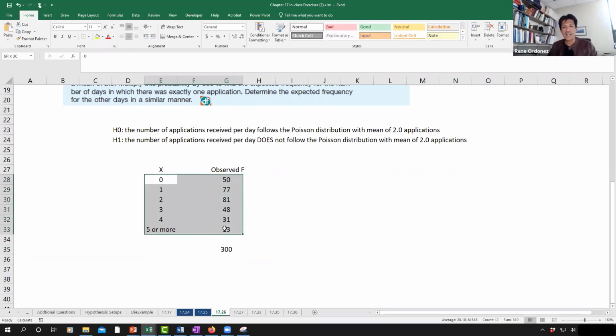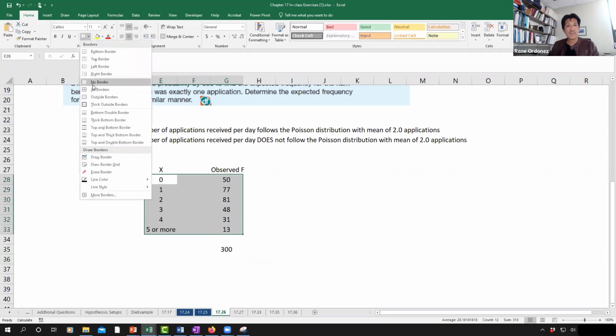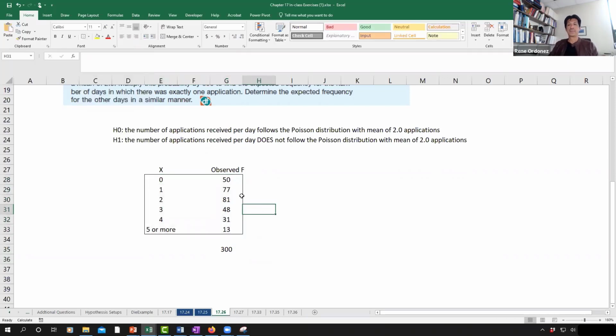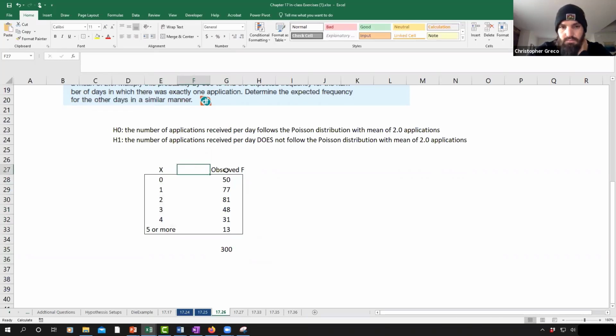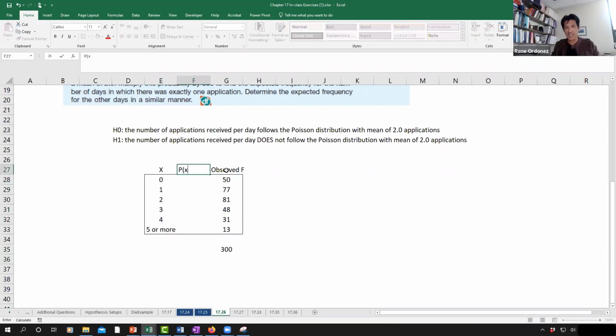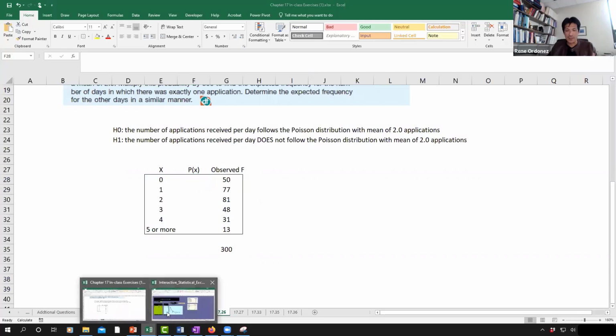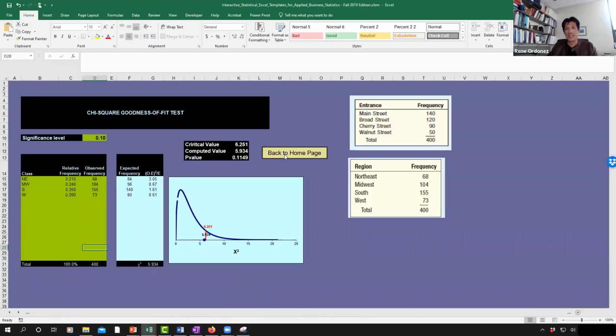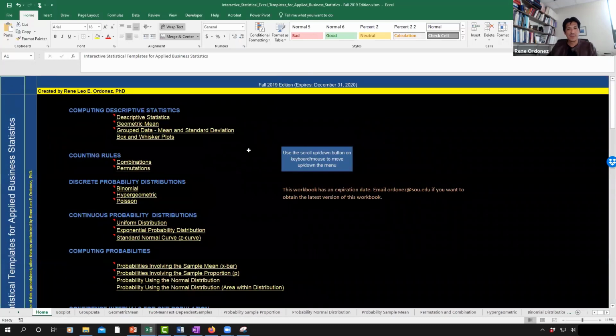So what is missing in this table? The relative frequency? Okay, so the probability of each X. How do we compute the probability that X is equal to 0 of a Poisson distribution when the mean is 2? We don't have to do that by hand. We can go back to the template. So here's the Poisson distribution.